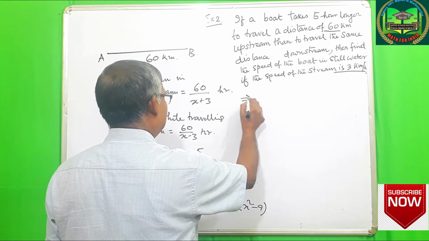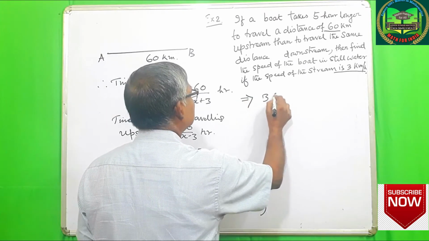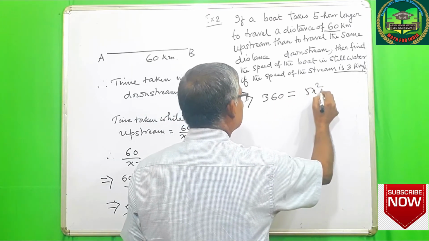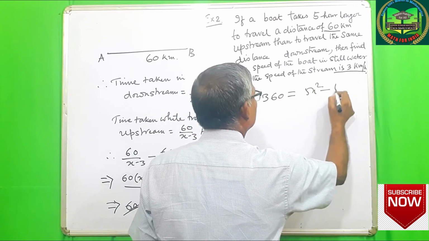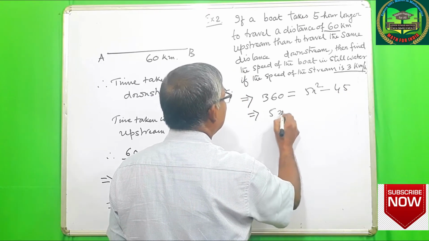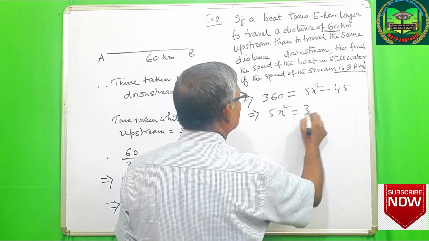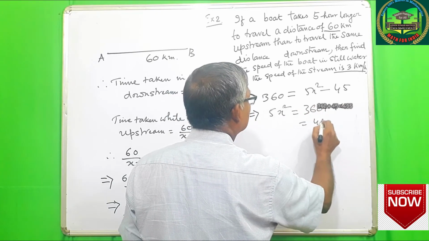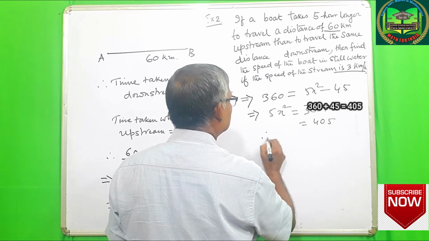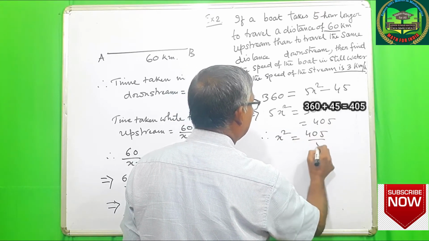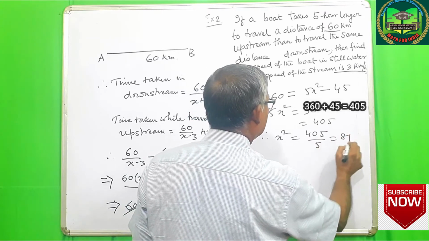This implies that 360 equals 5x square minus 45, or 5x square equals 360 plus 45, that is 405. Therefore, x square equals 405 by 5 equals 81.